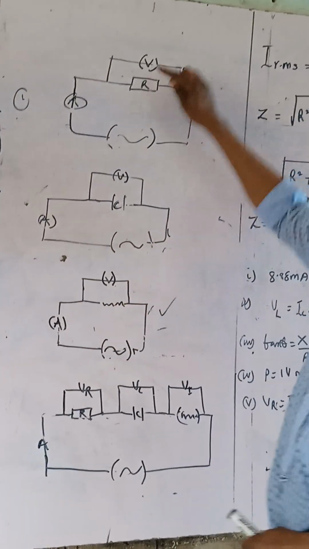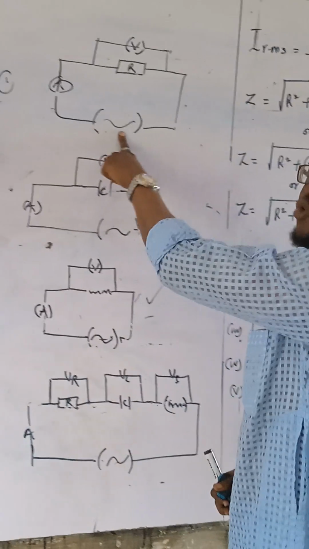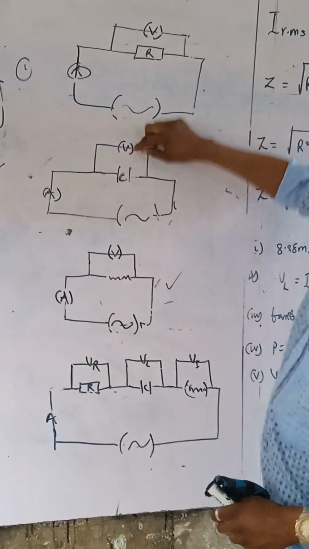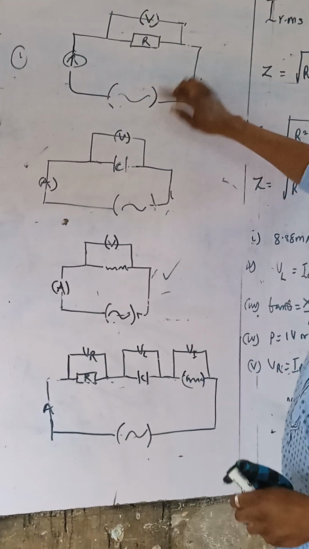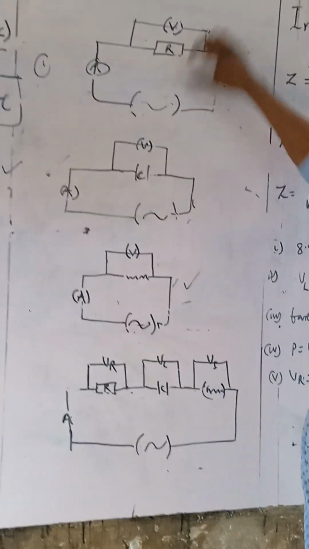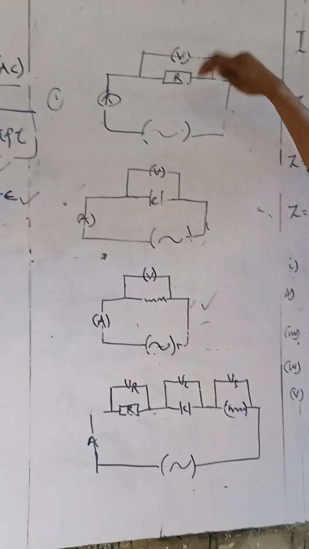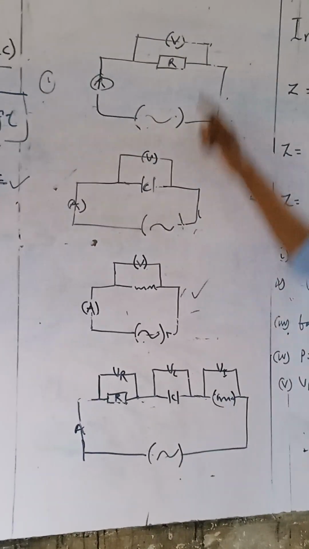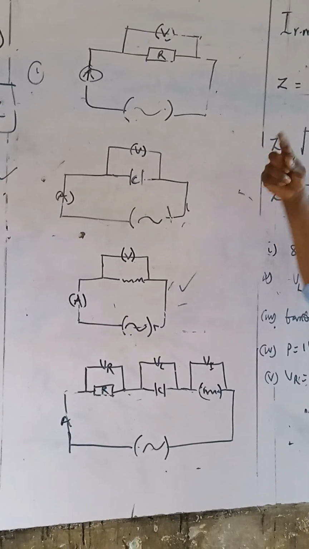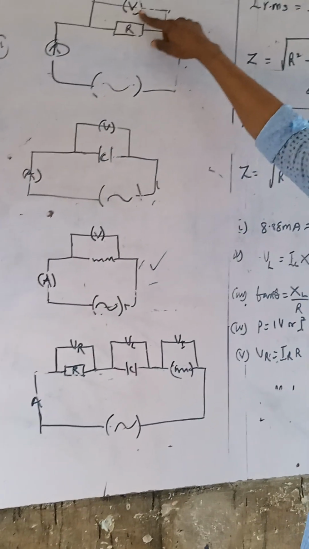Now, the voltmeter is always connected in parallel to the current supply. What is parallel? Side by side. You can see that the end of the current supplier is not connected directly to the end of the voltmeter; something has come in between them. So this is called parallel. And the voltmeter is connected in parallel because it is not measuring current, and we don't need enough current in the voltmeter.